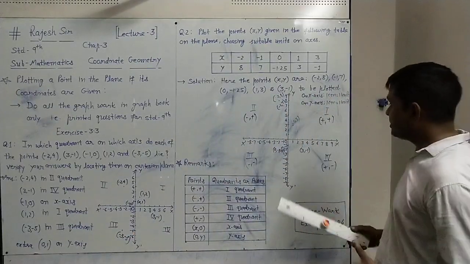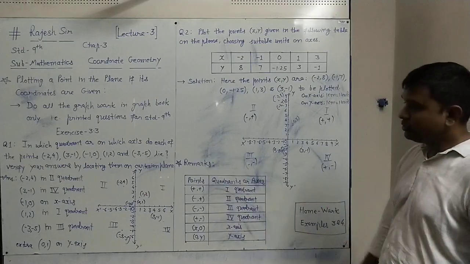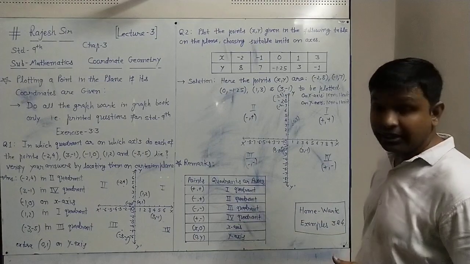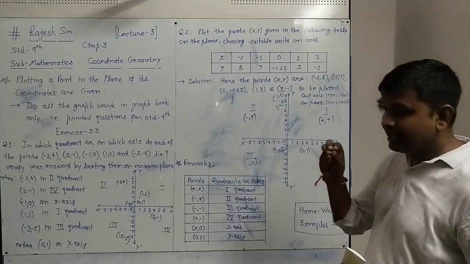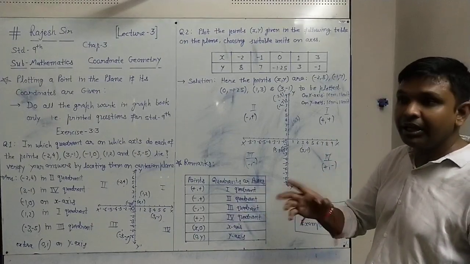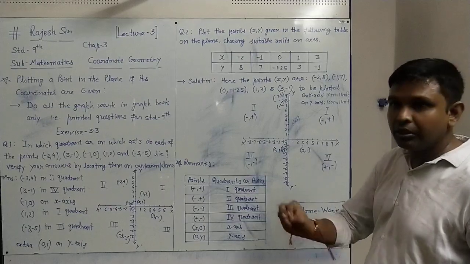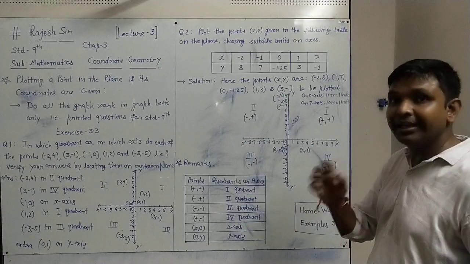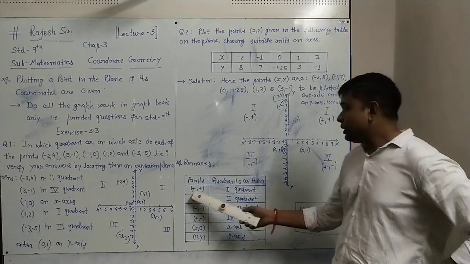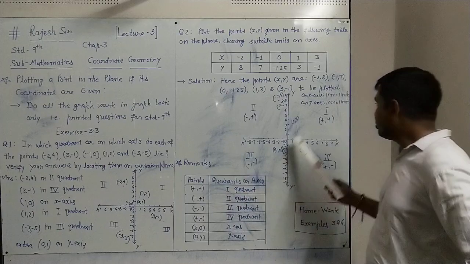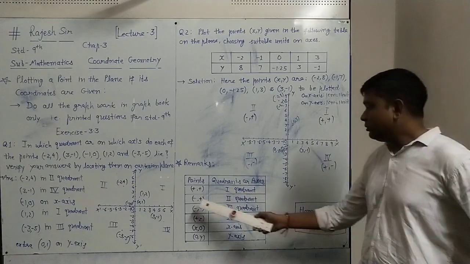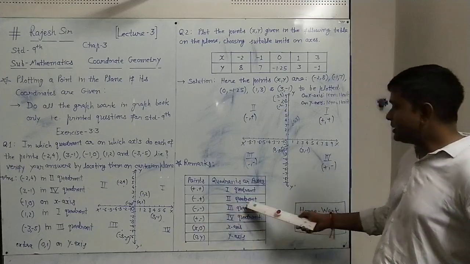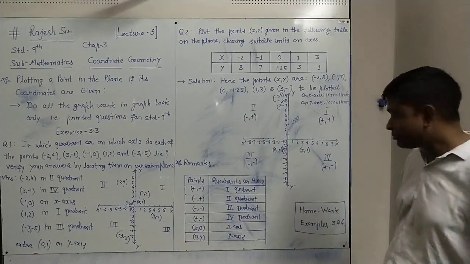So for all these remarks I have drawn this table, and you are also advised to write this and understand. By directly seeing the sign of the x coordinate and y coordinate, and whether the number is 0 or non-zero, we can decide in which quadrant the point will be and on which axis it will be. If both are plus, it will come in the first quadrant. Here I have shown: if the x coordinate is minus and the y coordinate is plus, it will be in the second quadrant, minus plus, second quadrant.